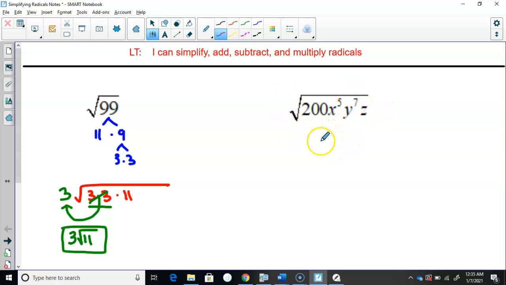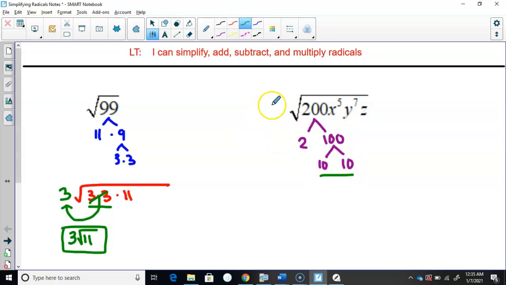But we're going to keep going, and we're going to be looking for pairs because we're dealing with the square root. So 200, if I factor that, is 2 times 100. And 100 is 10 times 10. Do you notice here I actually have a pair? So I'm going to stop because I'm looking for pairs.